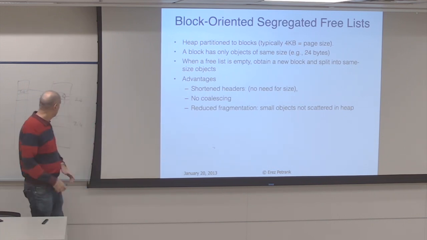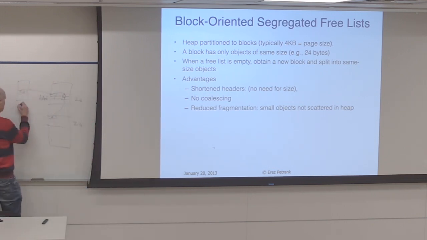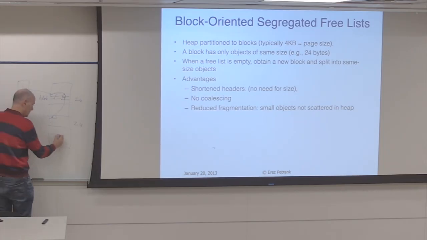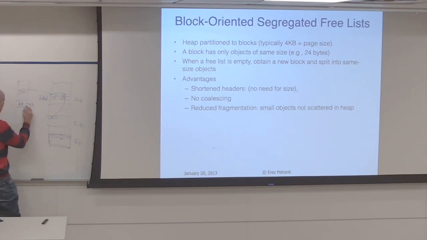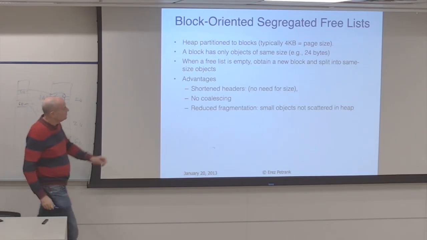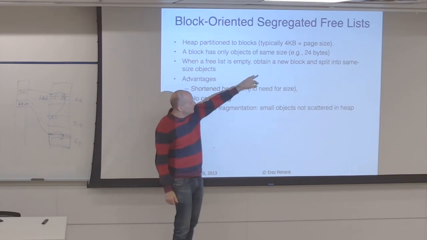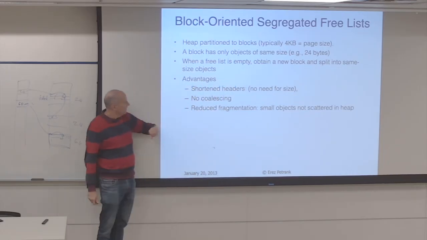So this is, I don't know, 64, and it's null. You don't have objects there, so you just take an additional block, and you break it into 64s, and then you link everything to this entry, and you have objects to allocate for size of 64. So when a free list is empty, you obtain a new block and you split it.